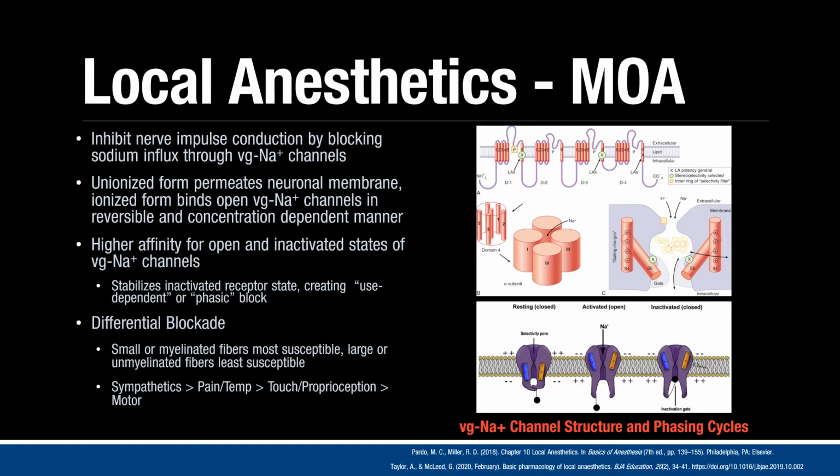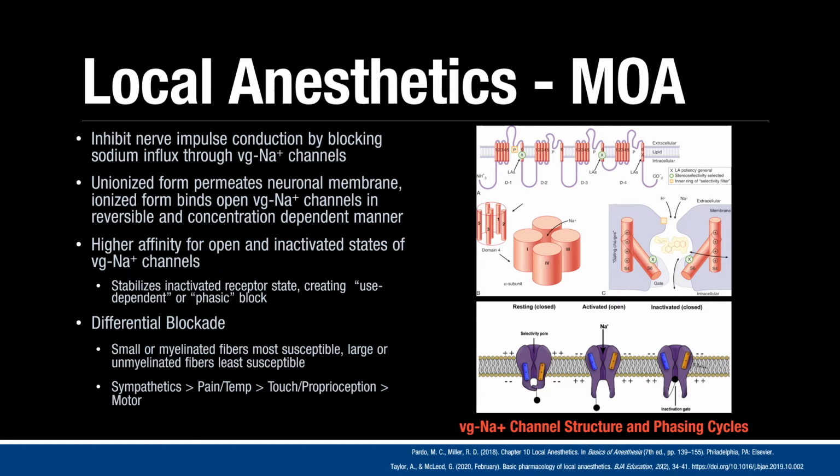Lastly, we need to talk about this concept of differential blockade, which refers to the clinical phenomenon that nerve fibers with different functions have different sensitivities to local anesthetic blockade. Smaller diameter axons are more susceptible to local anesthetic action, as are myelinated fibers. This is due to the smaller surface area coverage of voltage-gated sodium channels that is required to produce blockade.